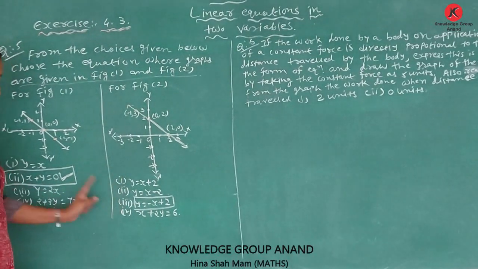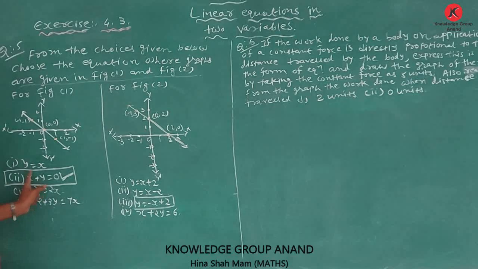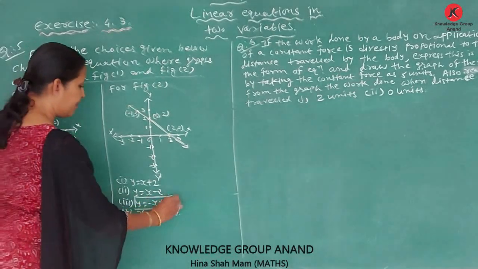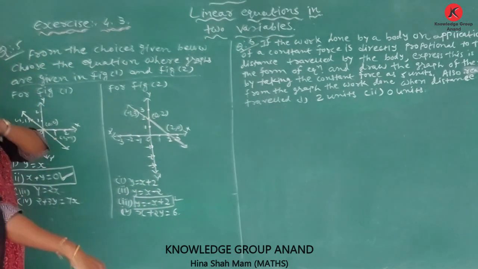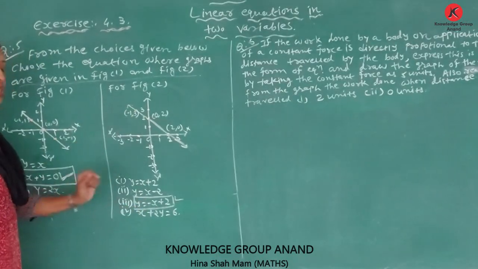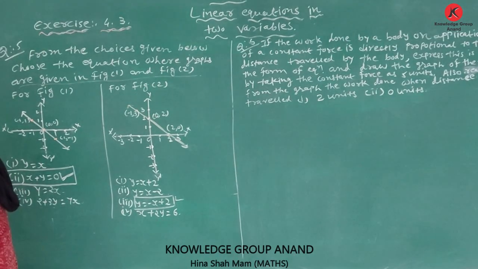Okay? You decide, the choice is equation number 3. For figure 1 the choice is equation number 1, which is valid for all 3 points. It satisfies all 3 points. Now question number 6.